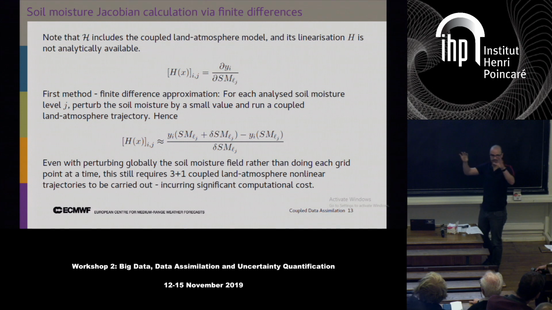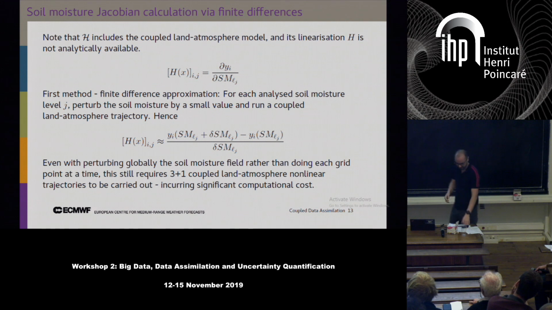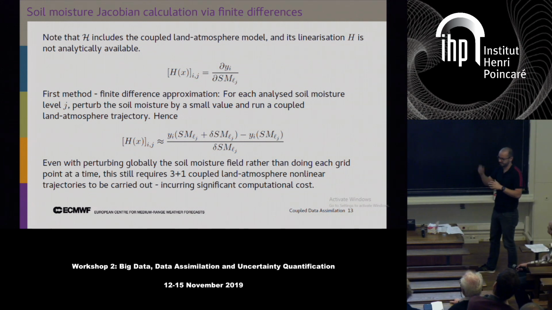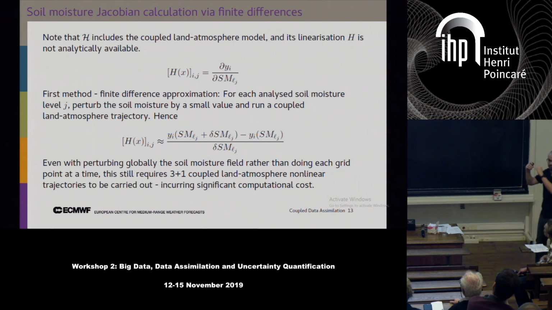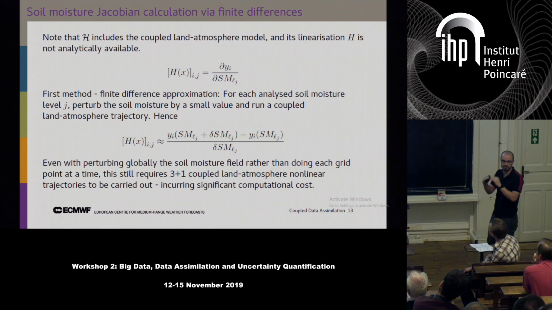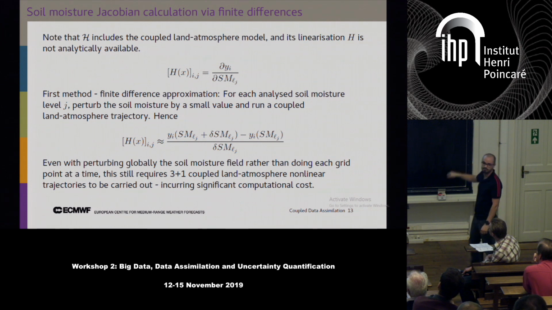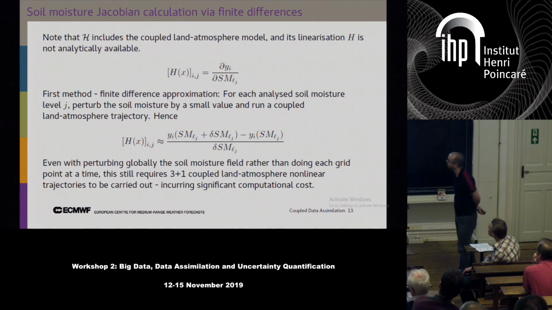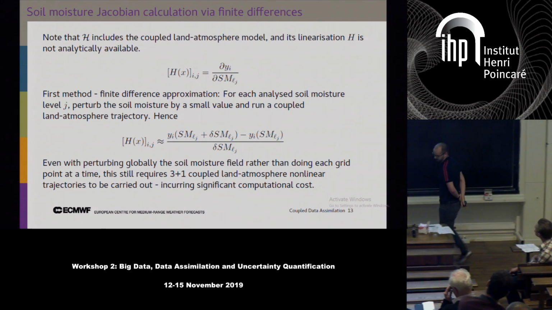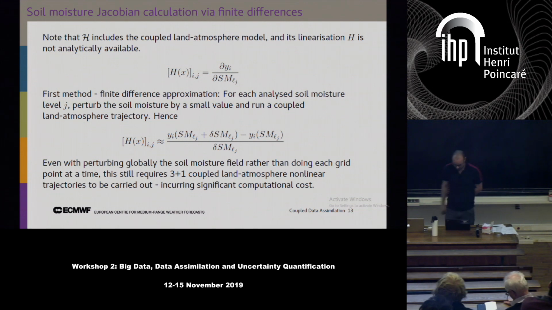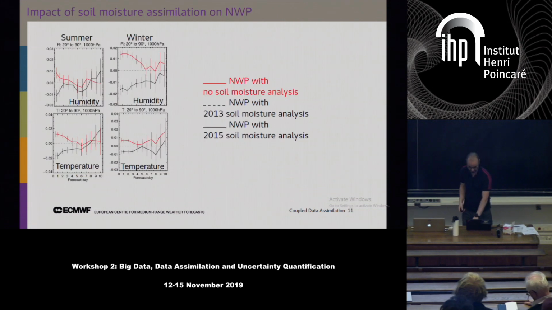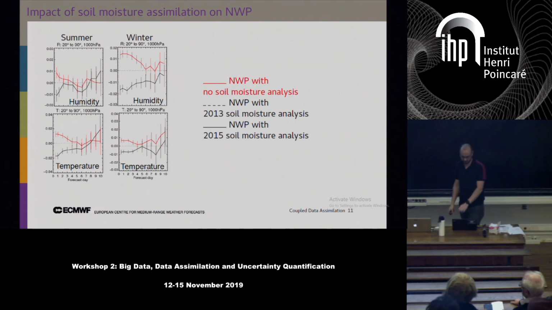So we perturb all the top level soil moisture variables, run the coupled land atmosphere model, and compute the finite differences. And we do that for all the soil moisture levels we're interested in. What that means is that we have to run 4 coupled land atmosphere trajectories. So that's pretty expensive, but works. And all these plots were using this perturbed trajectories idea.